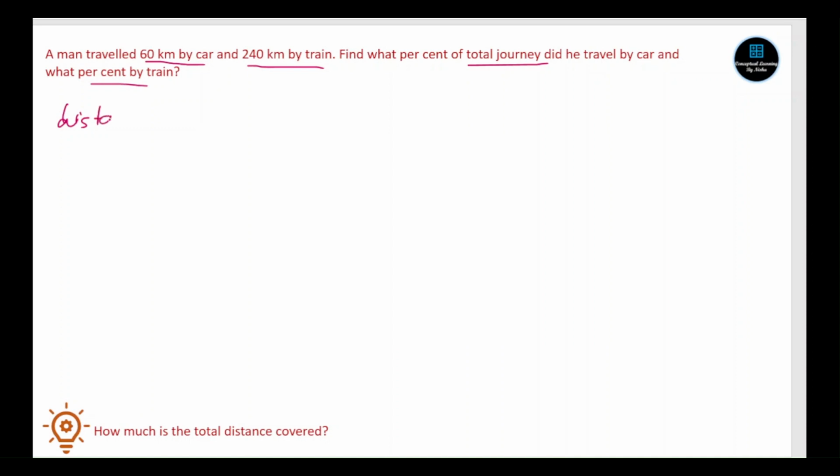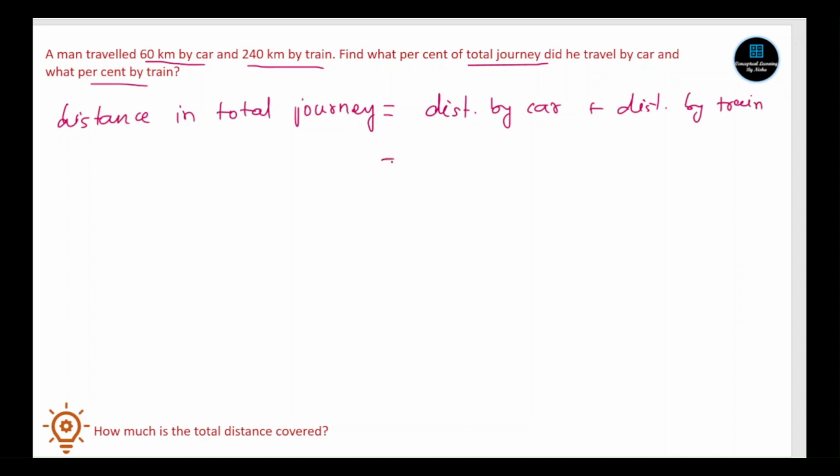So distance in total journey equals distance by car plus distance by train. Whenever you are solving a word problem, please write the statements. Now here by car, he traveled 60 kilometers and by train 240 kilometers. So what do we get? Total is 300 kilometers. Alright.